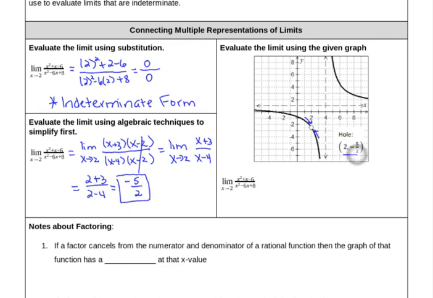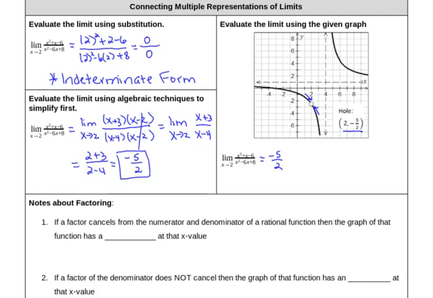And actually, we're lucky, it's shown right here for us. So the limit there is going to be negative 5 over 2. In this case, we're able to see that the two limits are equal, when we did the algebraic manipulation and when we look at the graph, which is a good thing. They are equal to each other.